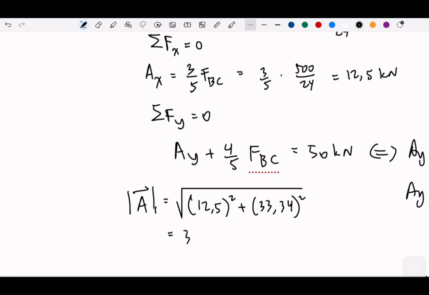This will be equal to 35.6 kilonewton. So this is the value of A, and we are going to state that this will be equal to our VA.